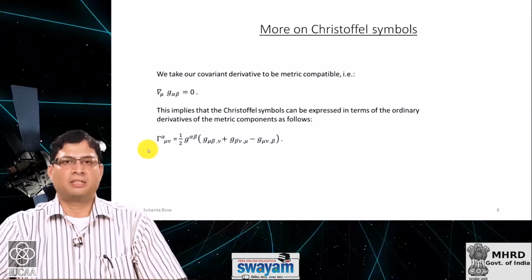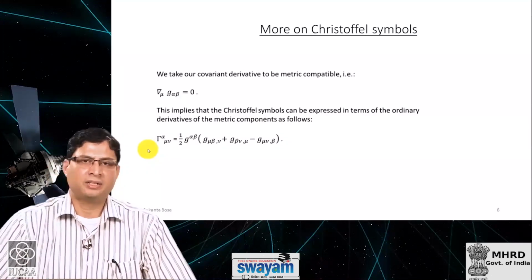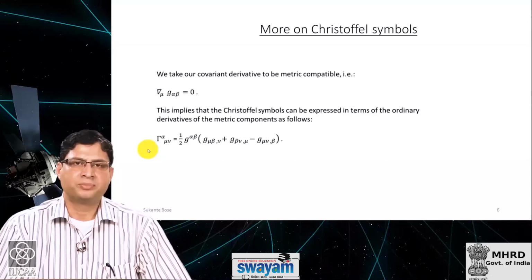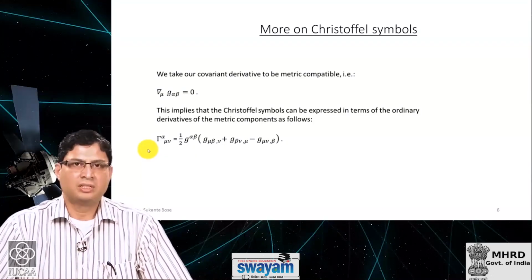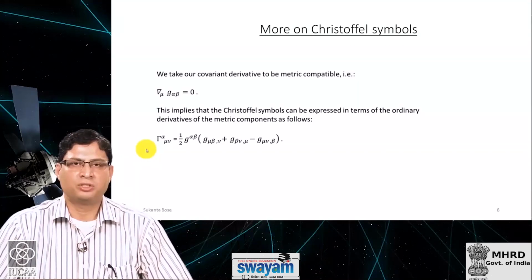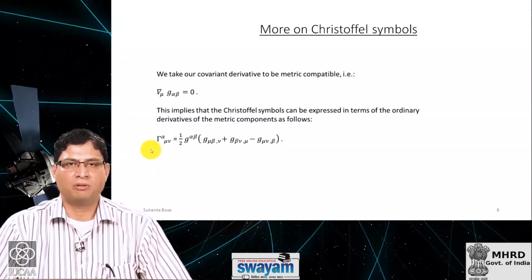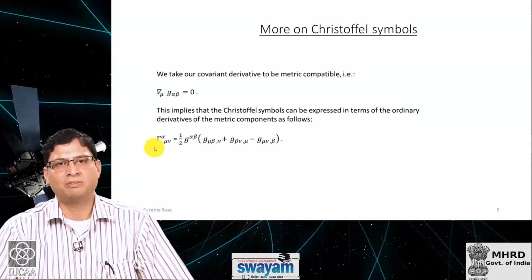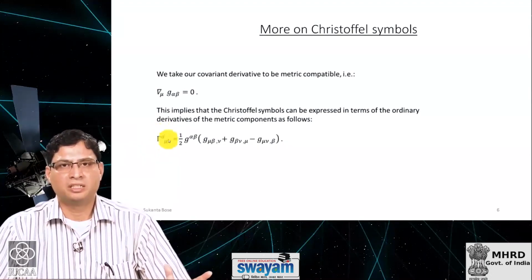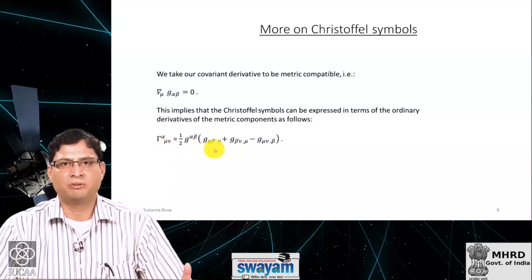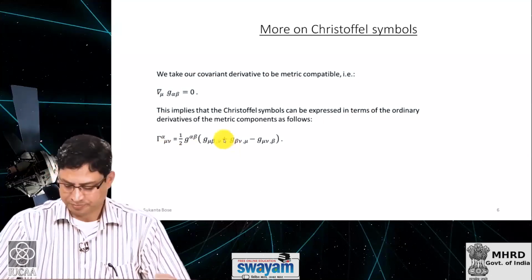Which means that if you want to claim that gravity is nothing but the manifestation of space-time curvature, then the definition of curvature has to involve another derivative of the Christoffel symbol. So 2 derivatives of the metric components.